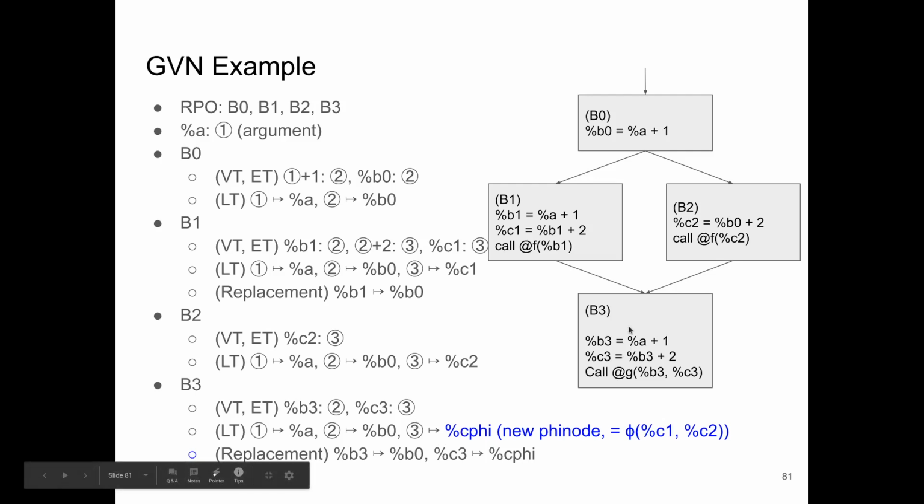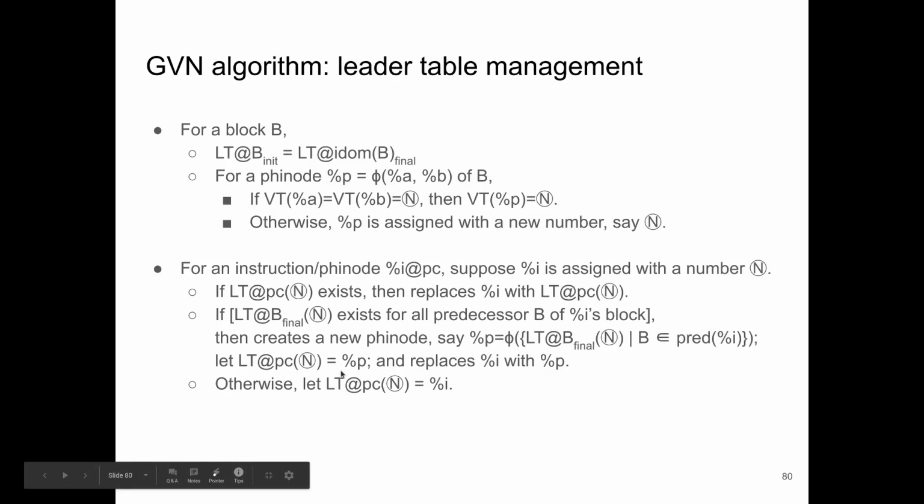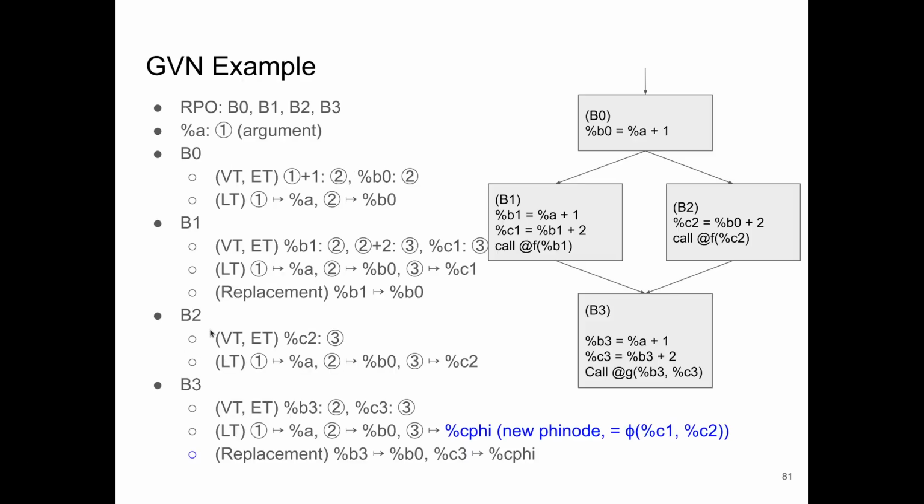Now, using this phi node rule, we are going to create a new phi node, because the number 3 should have the leader value at B3, but it doesn't exist in B0. But B1 and B2 have a leader value at the end of the block for the number 3.